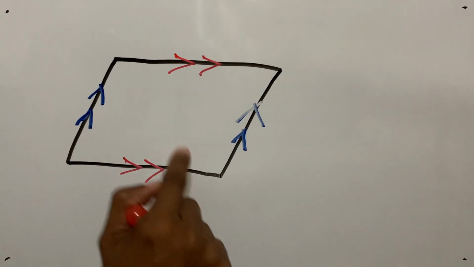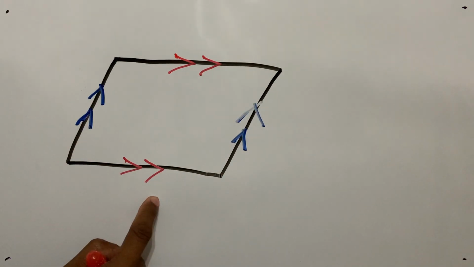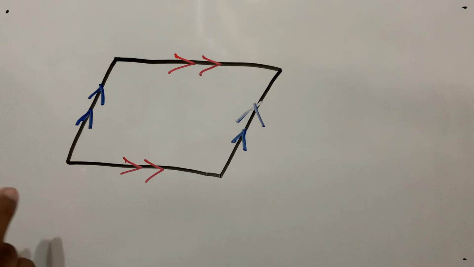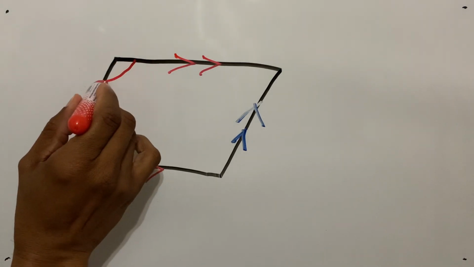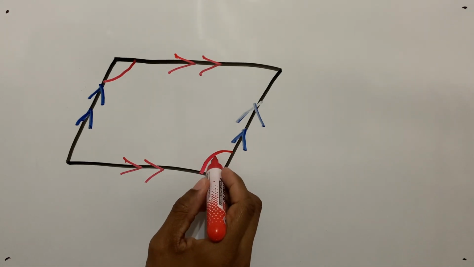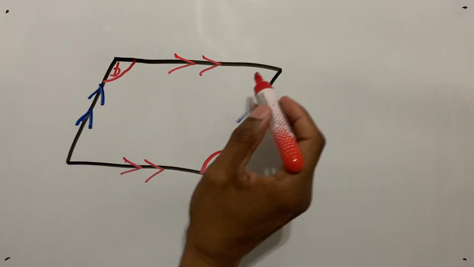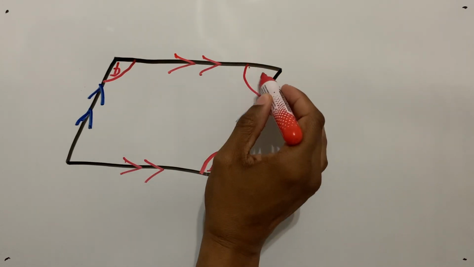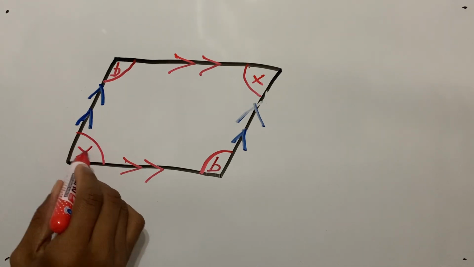Likewise, these two sides are parallel and the same length. The opposite angles are the same. So if this is angle B, this is also angle B. If this is angle X, this is also angle X.